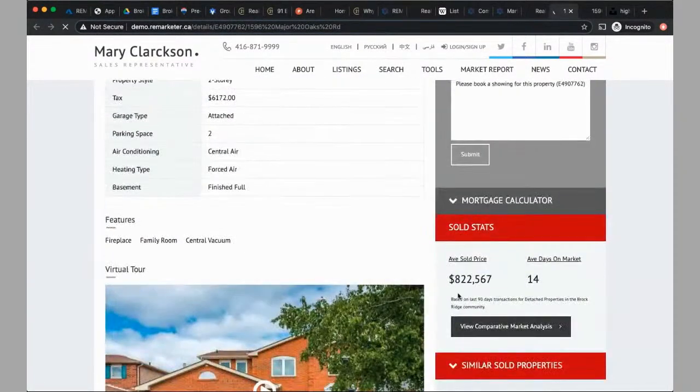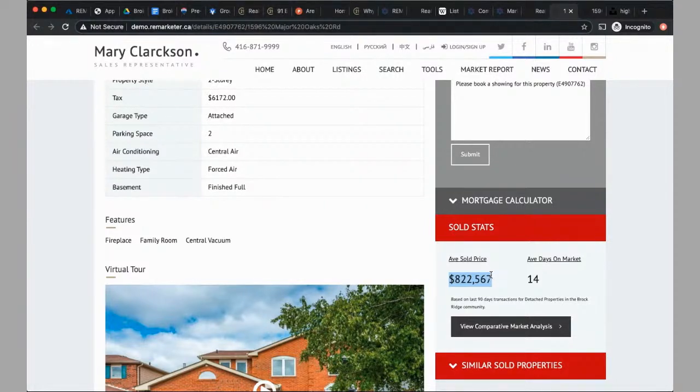And if you look at this number here, it's based on the last 90 days of transactions. Same reason. We go back 90 days in order to accumulate enough transactions to be able to arrive at an average sold price that would make sense. Otherwise, the fluctuations would be crazy, right?